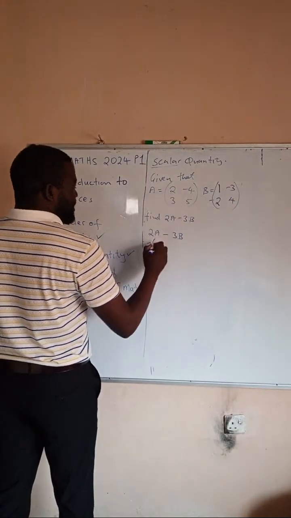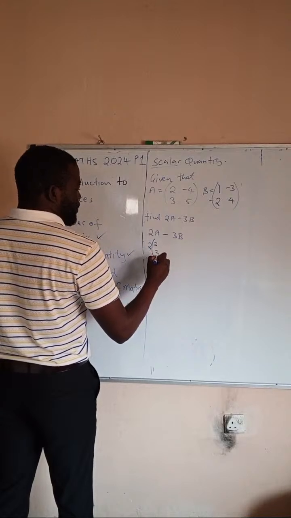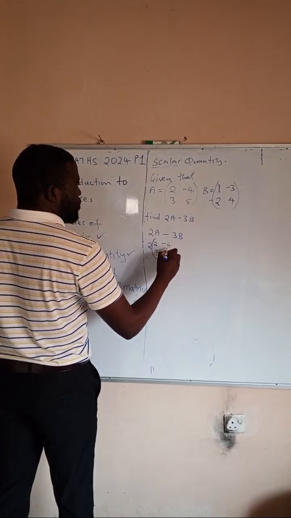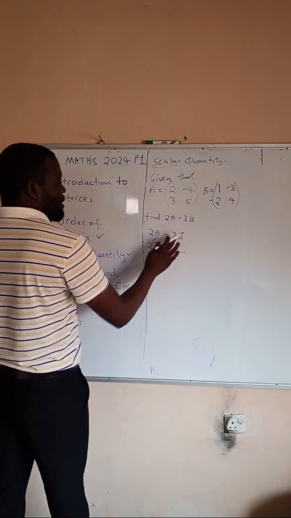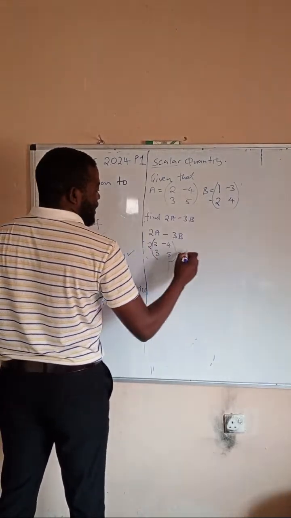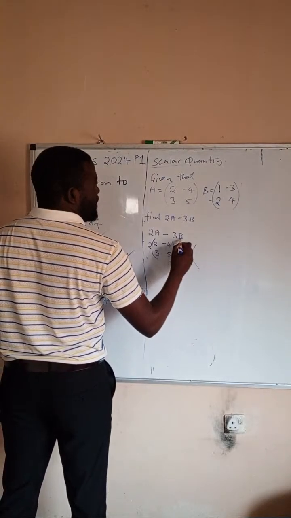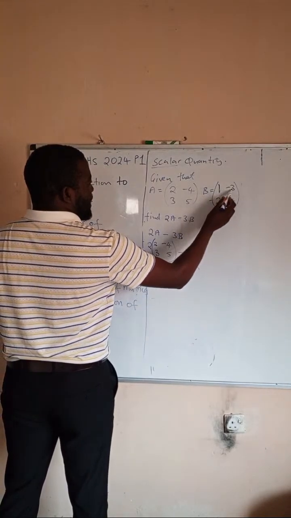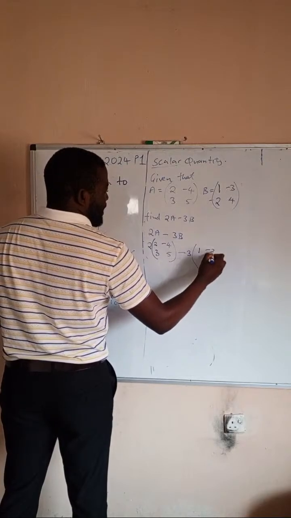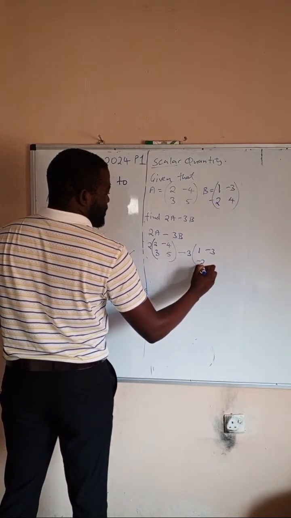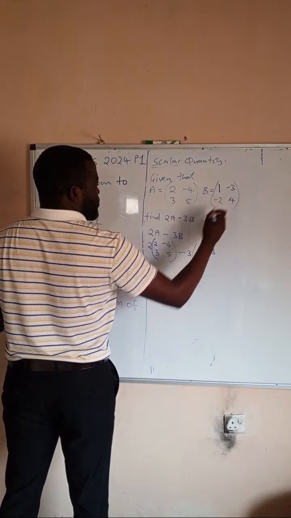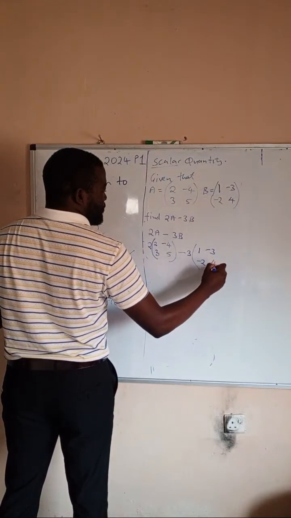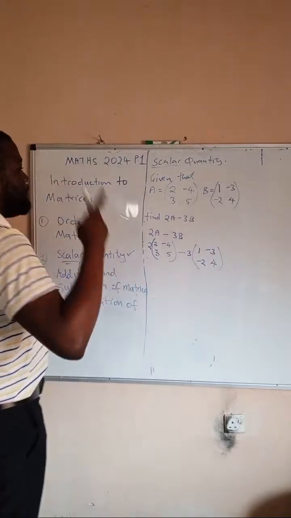So it's the same as I write 2 times matrix A: 2, 3, negative 4, 5, minus 3 times matrix B: 1, negative 3, negative 2, 4.